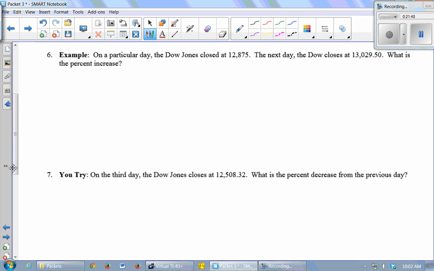All right, so here's another example. On a particular day, the Dow Jones closed at 12,875, and on the next day, the Dow closes at 13,029.5. What is the percent increase? We can figure out how much it increased by, but that amount could be big or small depending on where you started.